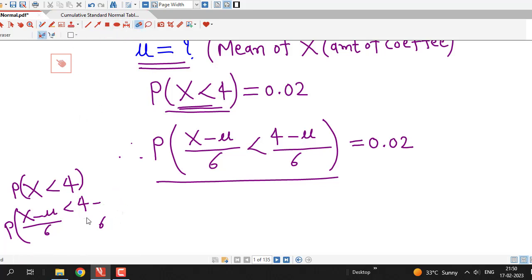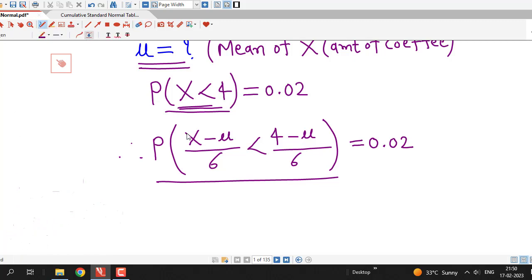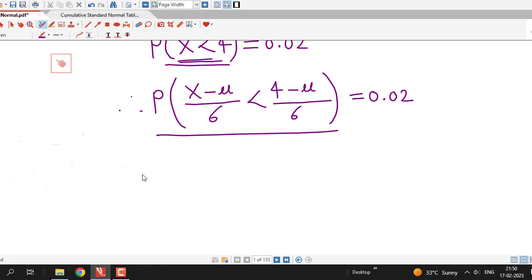Standard deviation can be 0, but here it is given as non-zero, so there is no problem if we divide by sigma. And now we know that (X minus mu) over sigma is nothing but the standard normal random variable denoted by capital Z, and we have to find the value of mu.